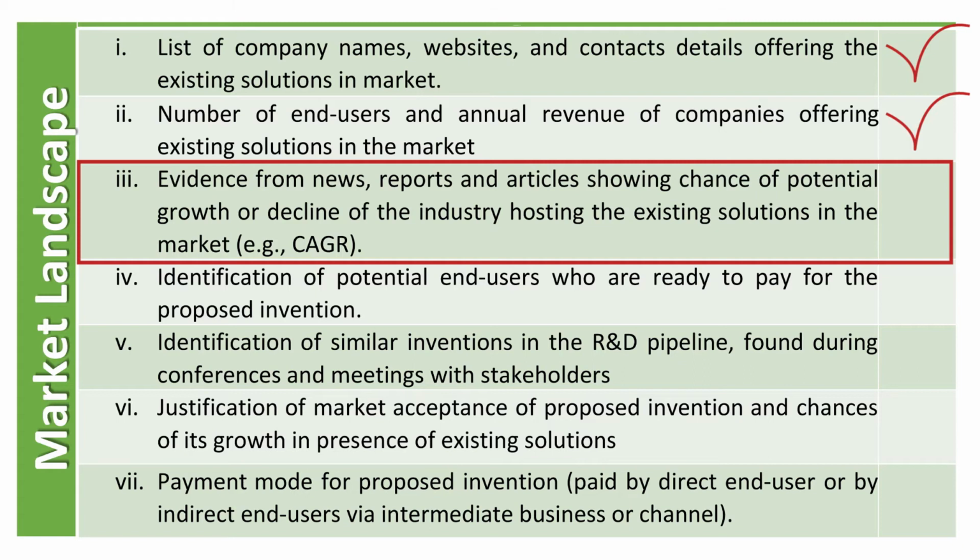Let us move on further to item number 3 of LCI checklist 4. Item number 3 of LCI checklist 4 asks for evidence from news, reports, and articles showing chances of potential growth or decline of the industry hosting the existing solutions in the market. This information can be extracted from a CAGR value.